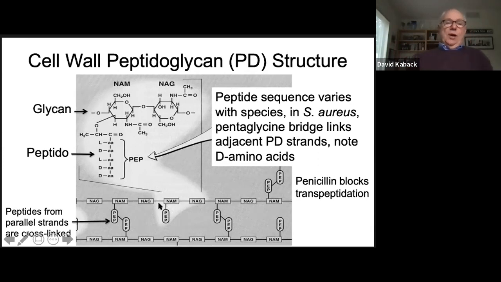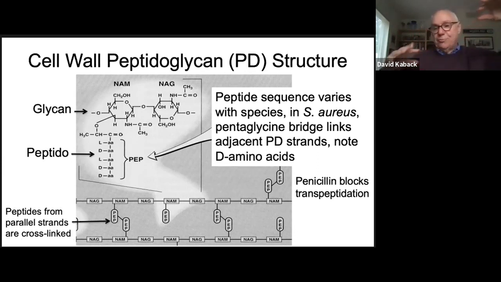And furthermore, when we have two adjacent layers of polysaccharide, they are cross-linked via these two peptides, by the peptidoglycan. So the cell wall, if you look at it here, is cross-linked together to maintain its integrity.